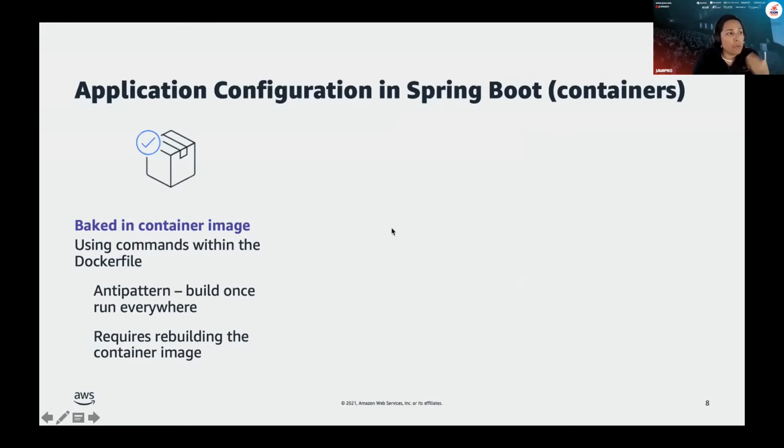That would require, if we would embed or bake the configuration in our container, to basically rebuild the container image every time. Not only every time we want to change environments, but actually every time we change any small bit of application configuration. So that's not very good. It's also not suitable for working with secrets because that could get leaked out of the container image.